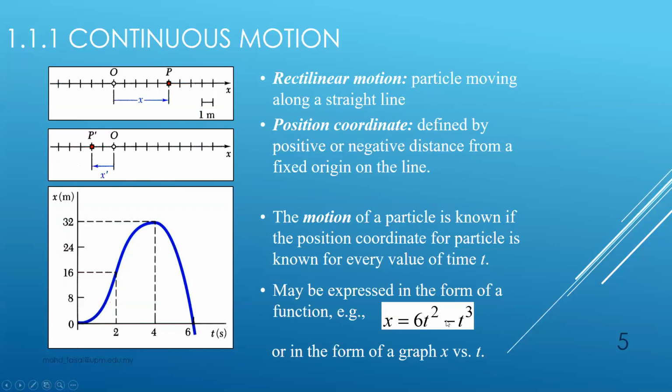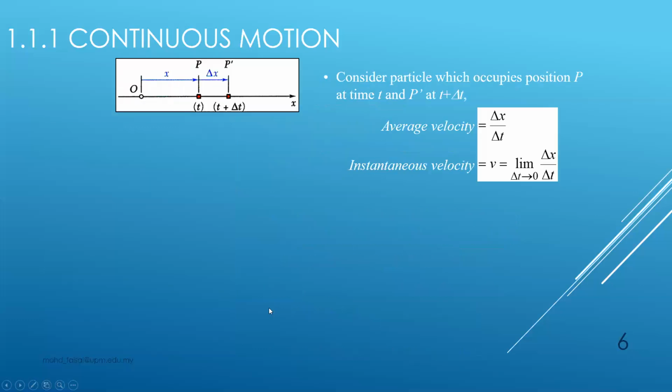So 24 minus 8 is 16. Therefore, when t is 2, x is 16. You can also calculate for any value of t, and you can see that the path of this particular motion is like so.